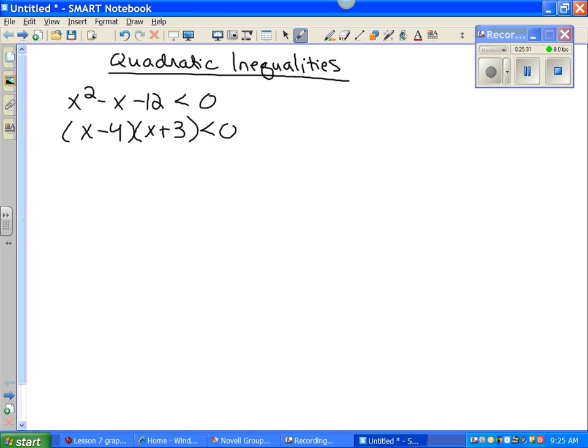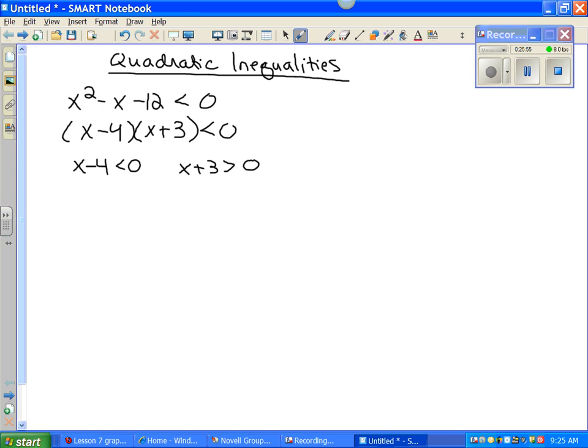Okay. So we know the next step is to set less than 0, right? So you're going to do your first one normal. X minus 4 is less than 0. The next one, x plus 3, you're going to make that greater than 0. Why is it flipped? Because it's like absolute value inequalities.